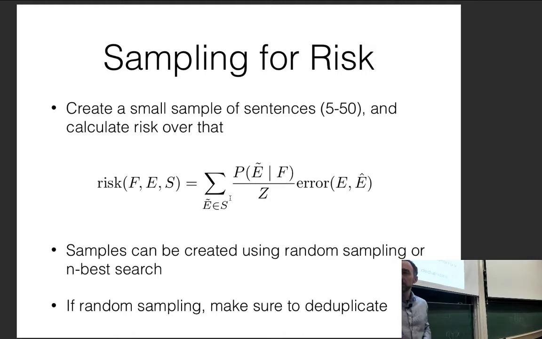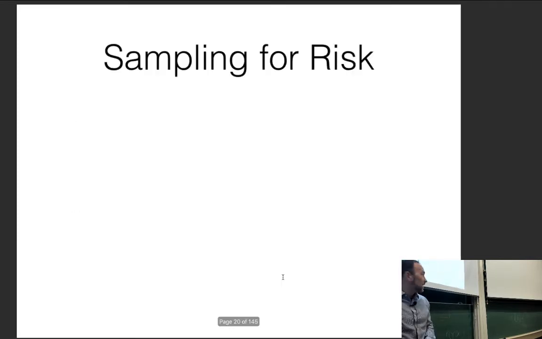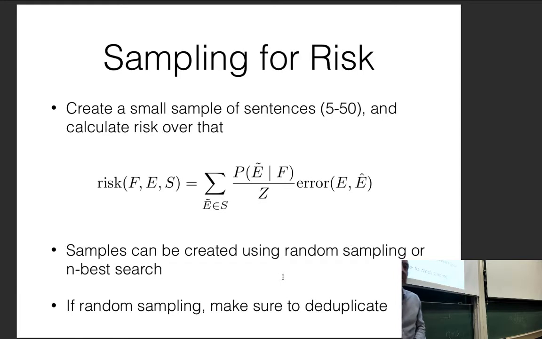The method in Shen et al. uses this normalization constant over just the things in the sample. I've actually never tried it the other way. I've tried it with the normalization in the sample, but I've never tried it the other way. So I don't know if the other way works, but I suspect it doesn't, because it would only make the method simpler, and they didn't do that. They did this. So this is a very simple way to probabilistically train your model for an error function.